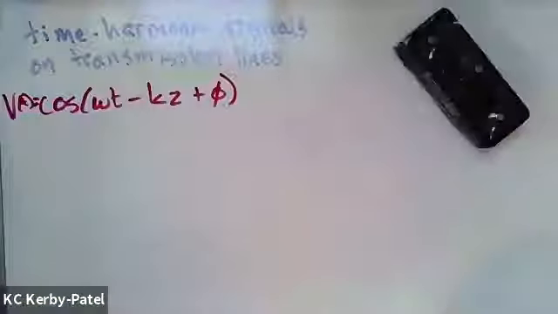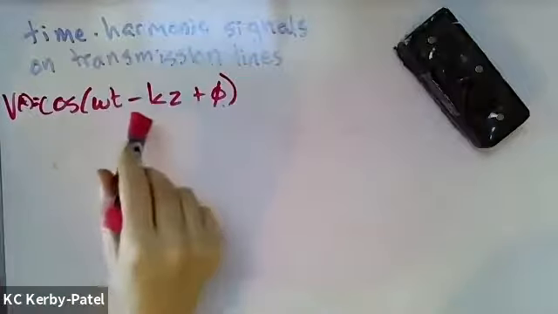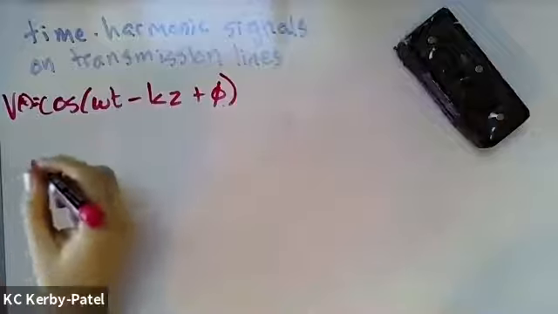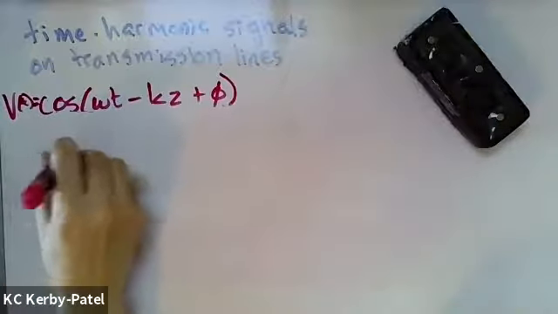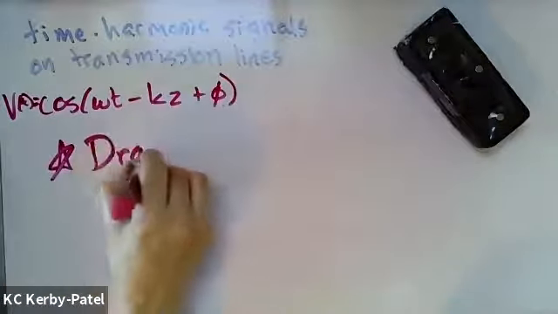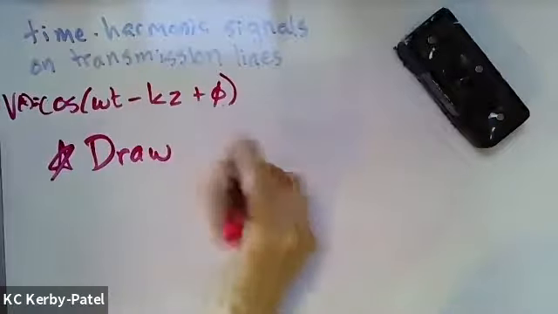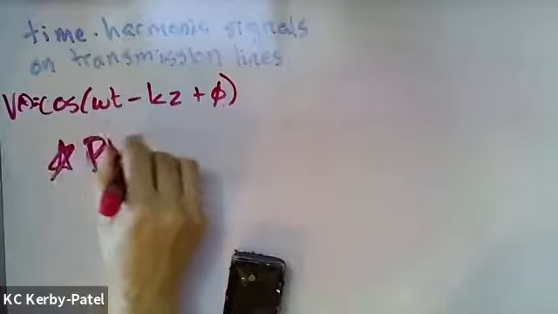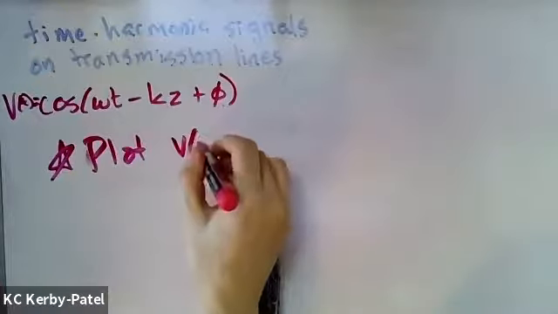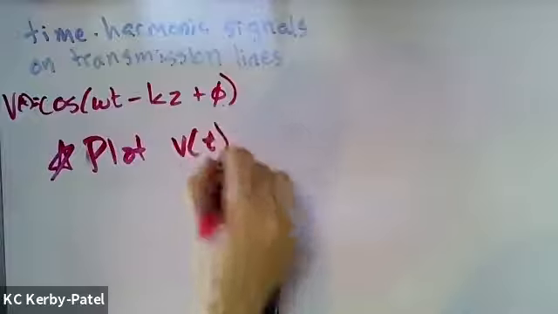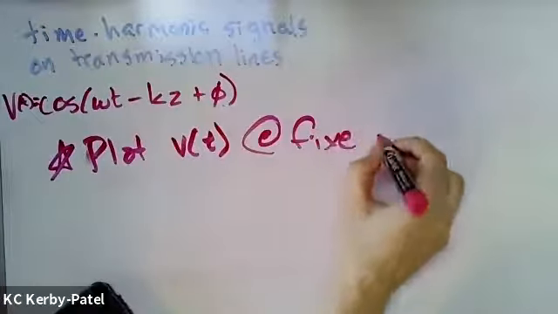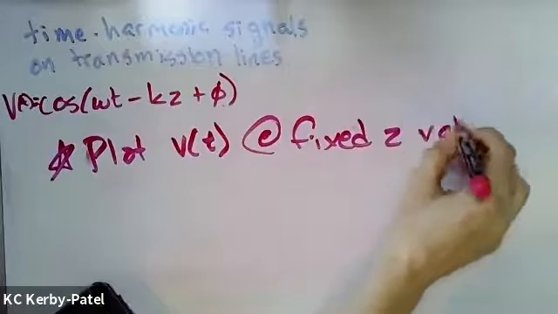If you are given that the voltage as a function of time is equal to cosine of omega t minus kz plus phi, like we just did, what I'd like you to do, step one, is draw a plot. Plot the voltage as a function of time at some fixed z value.